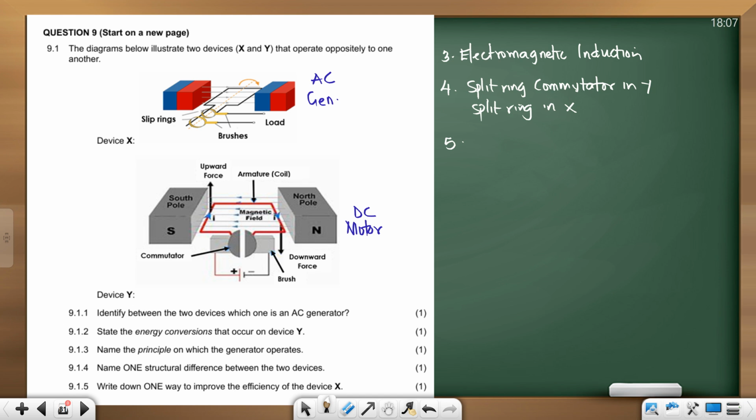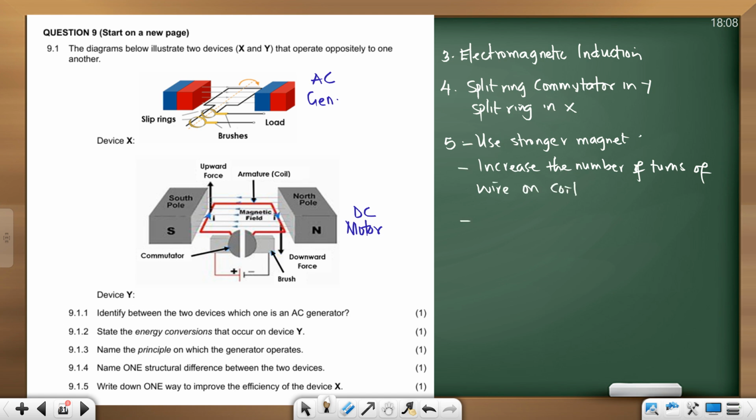Number 5. Write down one way to improve the efficiency of device X. What are we doing with X? We are producing current. How do we increase its efficiency? Use stronger magnets. They're just asking how we produce more current: increase the number of turns of wire on the coil.